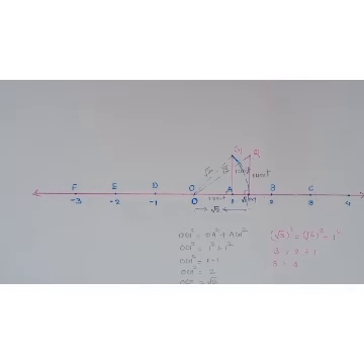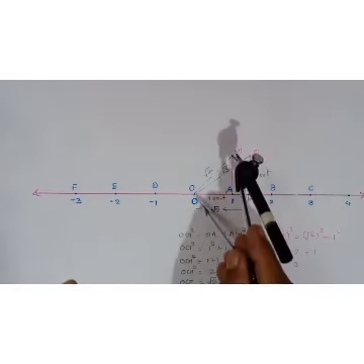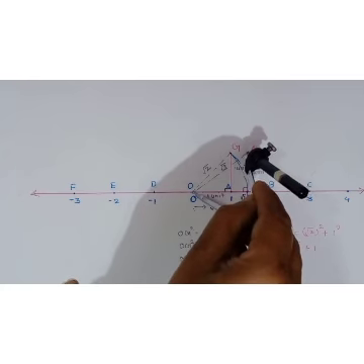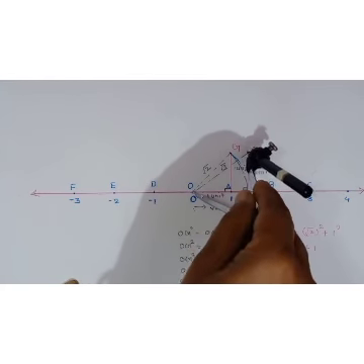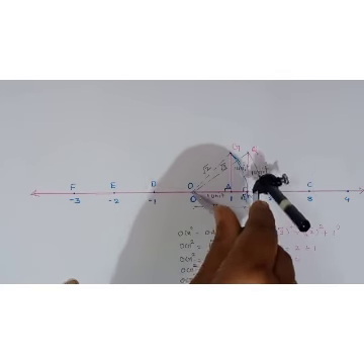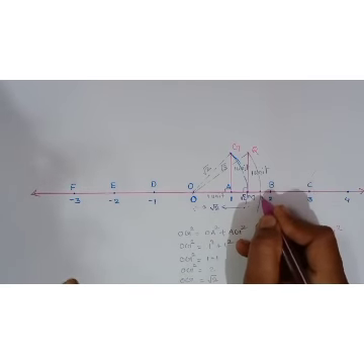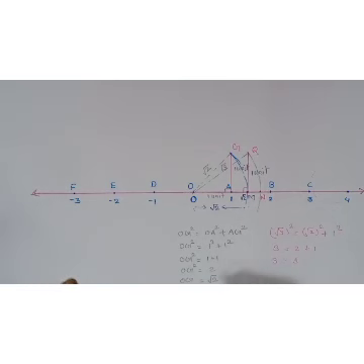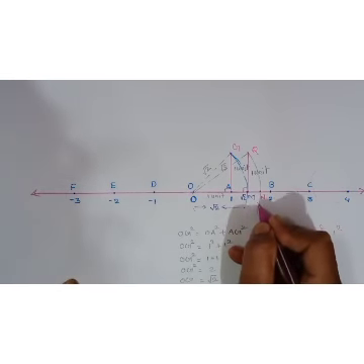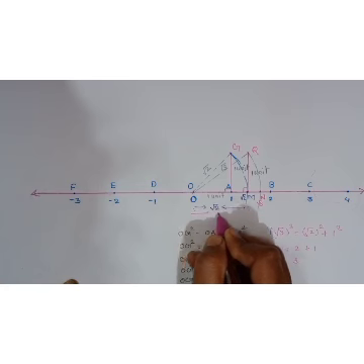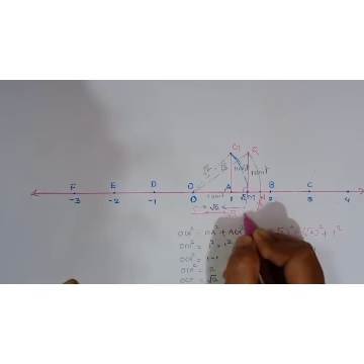Now, to represent root 3 on this number line, we have to take OQ as the radius in the compass and cut an arc, as the arc intersects the given number line, and the intersecting point, let us consider this point is N, and the coordinate of point N is root 3, and the distance from O to N is root 3.